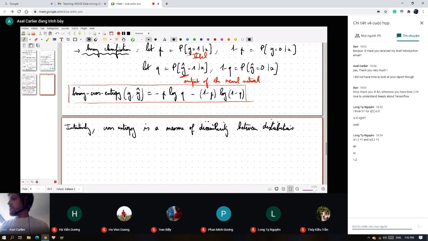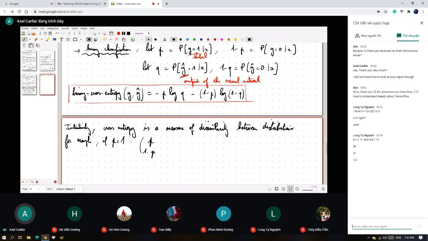Distributions meaning probability distributions. So, for example, if p equals 1, we have p and 1 minus p, which is a probability distribution equal to 1, 0.